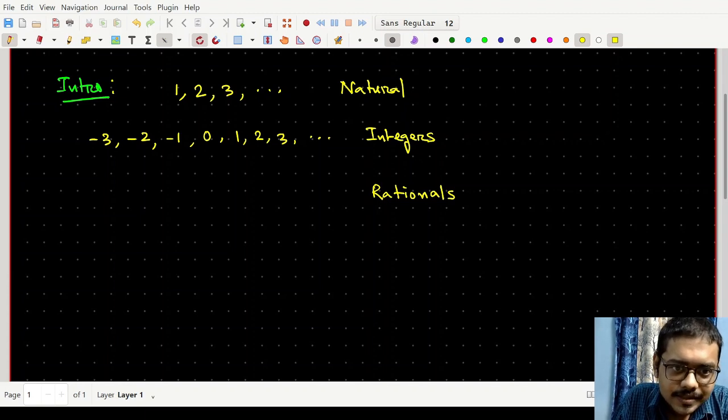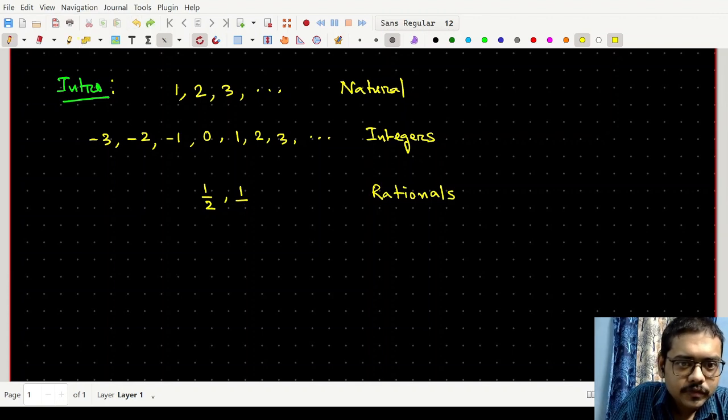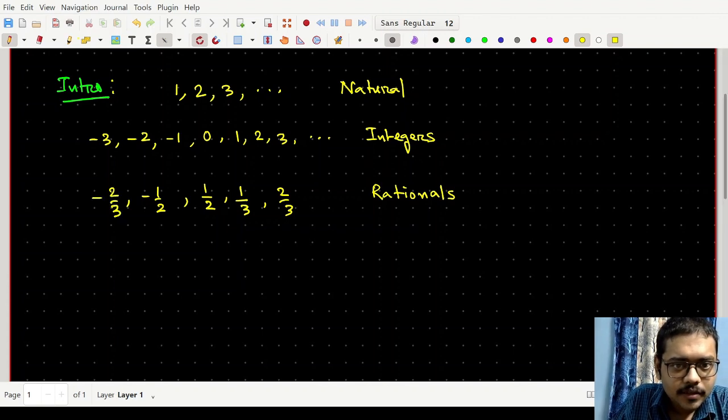So these kind of things are rationals: 1 over 2, 1 over 3, 2 over 3, and also negatives. And the whole numbers are included. The integers are all included in the rationals. So they are there.